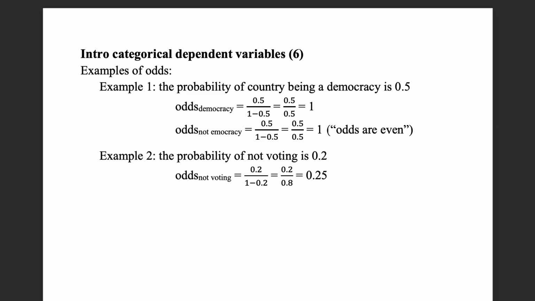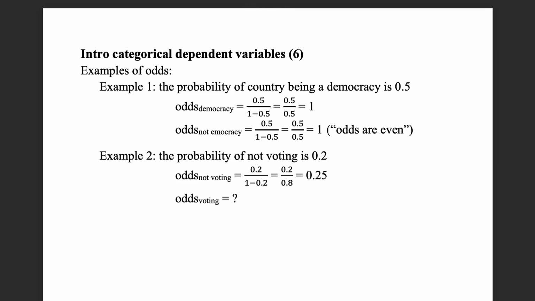So the odds of not voting are 0.25, indicating that it is relatively less likely to not be voting than it is to be voting, because we see that the probability of not voting is smaller than the probability of voting, meaning that the odds are smaller than 1.